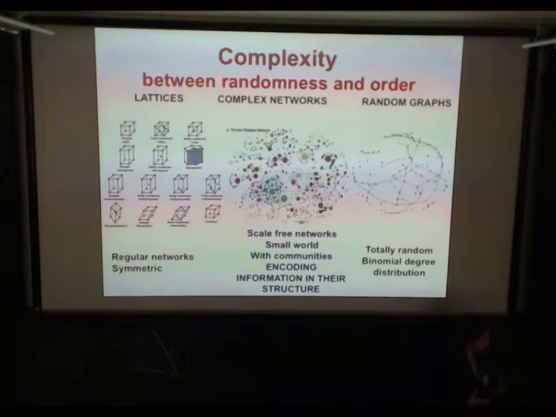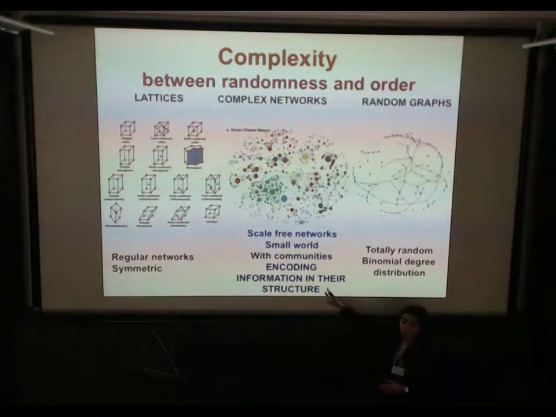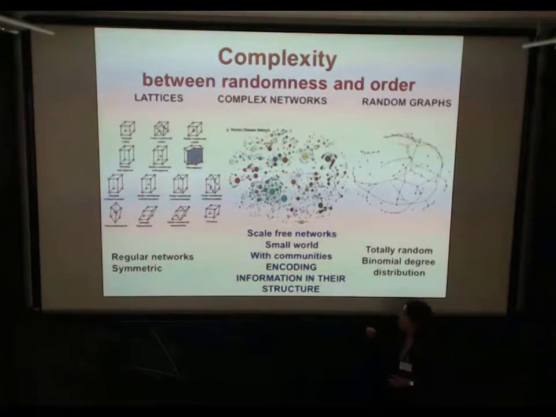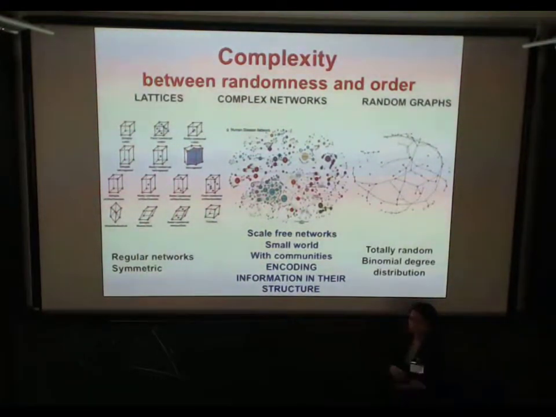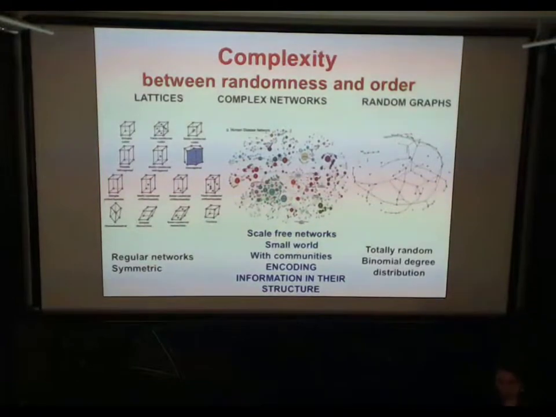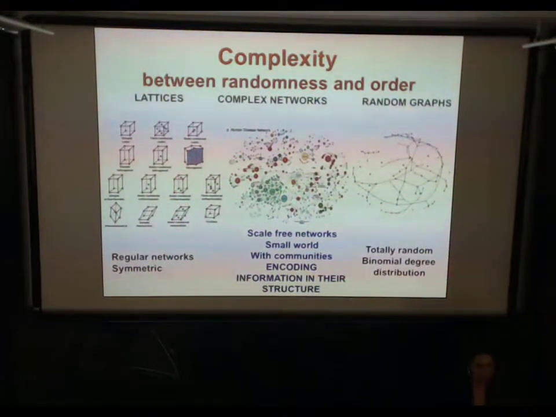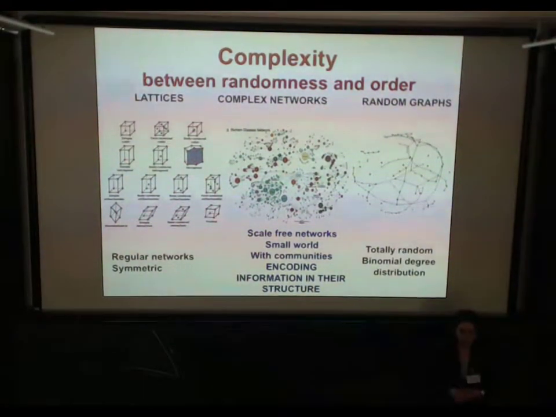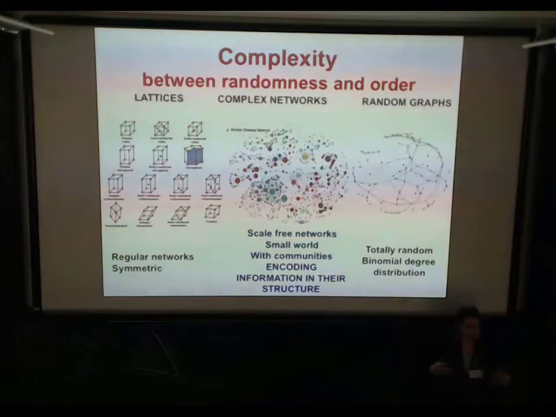And despite these networks living in this very wide space between these two extremes, they have been shown to display several universal properties. These have been called the small world property, which refers to the fact that many networks have a small diameter.